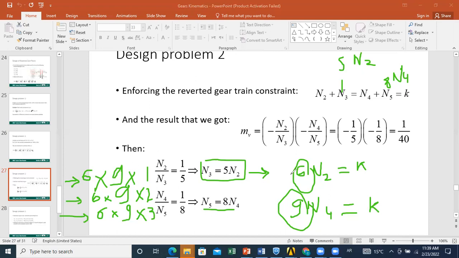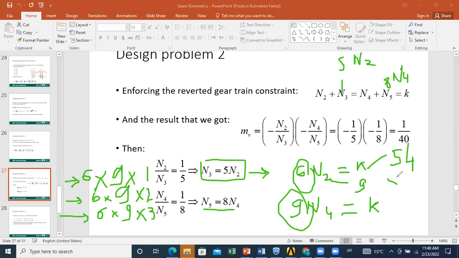Okay, so now we start. The first possible value of k, as we said, is 6 times 9, which is 54. If we set k equal to 54, then n2 will be equal to 9. And we know that 9, if we are working with a pressure angle of 20 degrees, is smaller than 13.